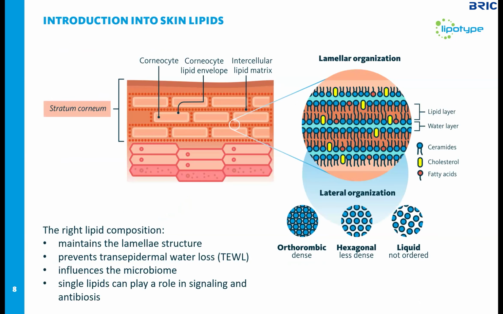On this slide, you can also see the schematic representation of stratum corneum, the already familiar brick and mortar model. So I remind you that stratum corneum is a complex matrix which consists primarily of proteins, up to 75–80%, and lipids.